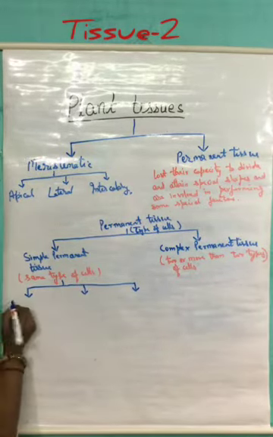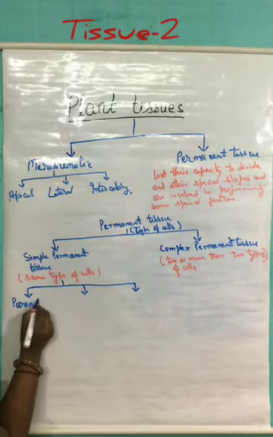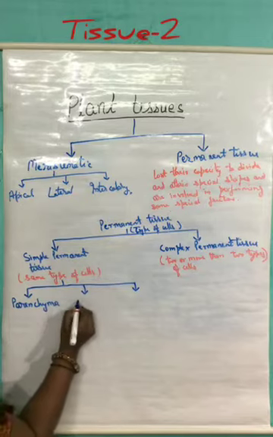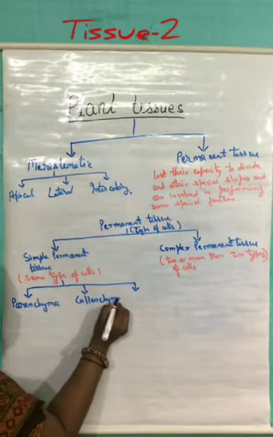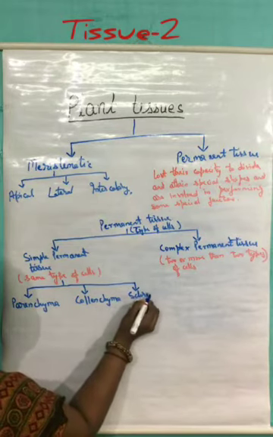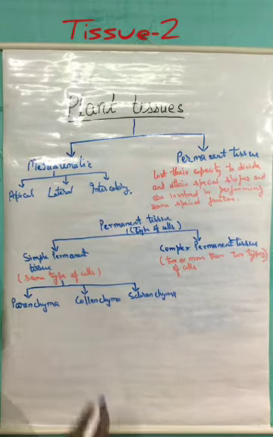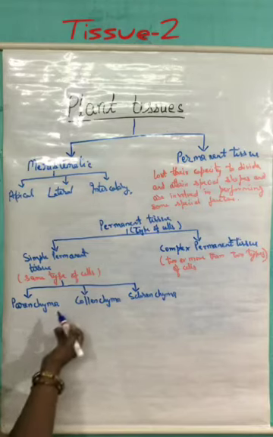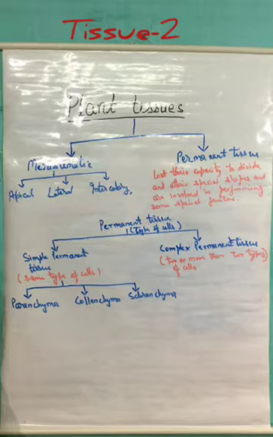They are parenchyma, collenchyma, and sclerenchyma. What we have discussed, the simple permanent tissues can further be classified into three types: parenchyma, collenchyma, and sclerenchyma. Now, one by one, we will discuss these three types of tissues.